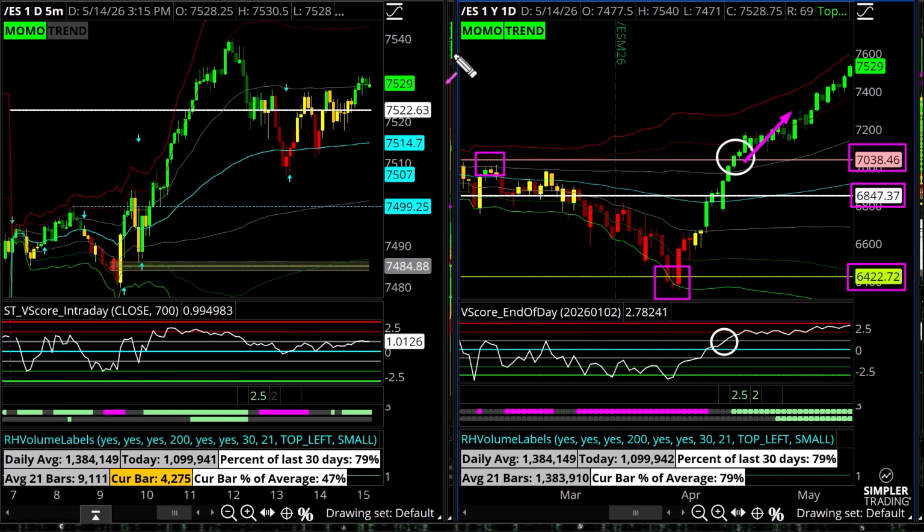There's one more thing I can point out, and this is just a nice visual clarity. So a lot of times traders will ask me, Rog, I'm starting to get the hang of this VScore thing, but what price is this test of the low? All right, this is where this gets really interesting.